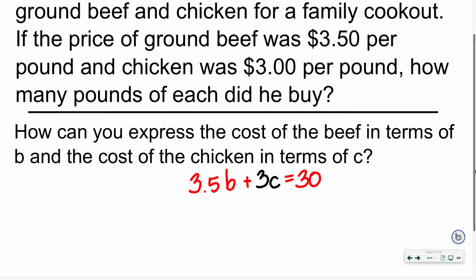You might forget which values were which. If I did this, what mistake did I make? Sometimes that happens, especially when people use X and Y, that we accidentally flip-flop the coefficient with the variable. So be really clear that if this is the pounds of beef, it really is $3.50 per pound of beef.